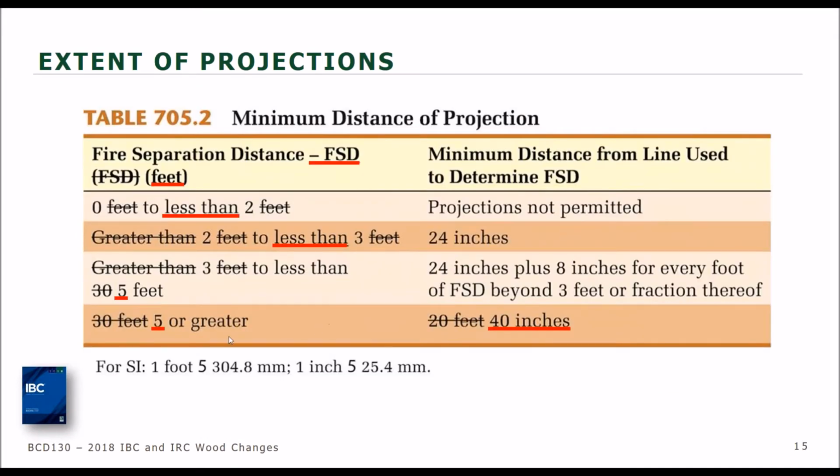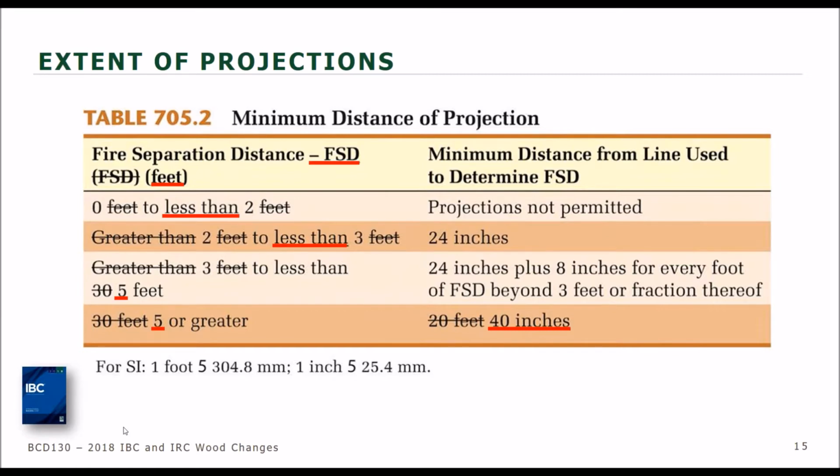And this shows you right here that this last row shows that the fire separation distance has been reduced to 5 or greater feet, and the minimum distance from that edge of the roof to the lot line is 40 inches.